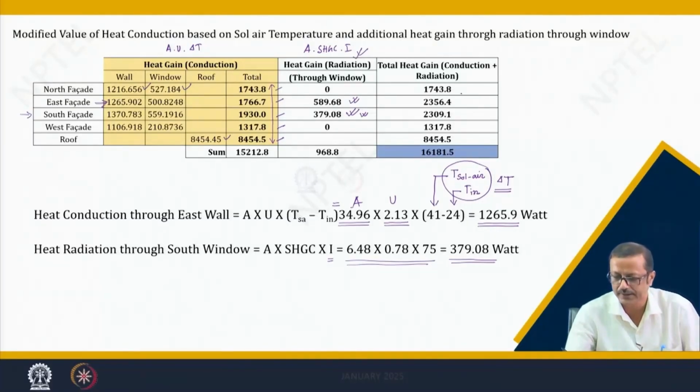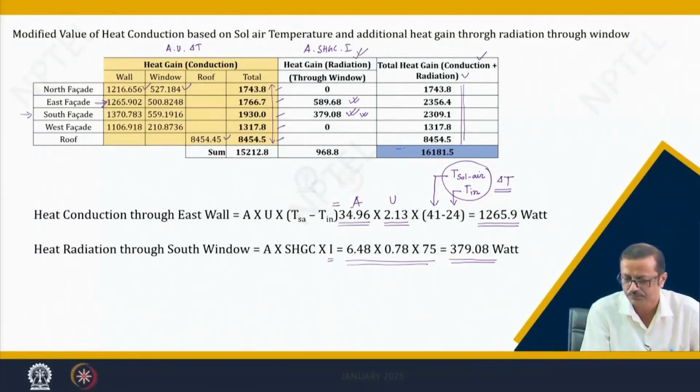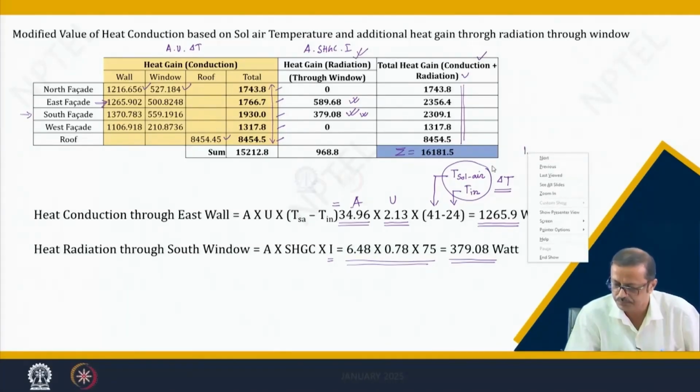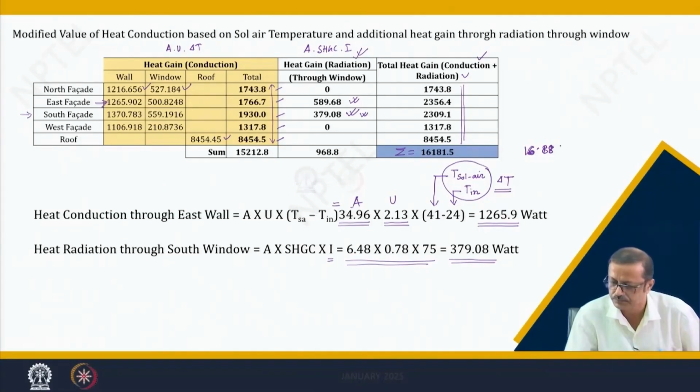So, the total heat due to conduction and radiation will be something like this, and if you add up the sum, it is going to be almost 16.81 kilowatt.